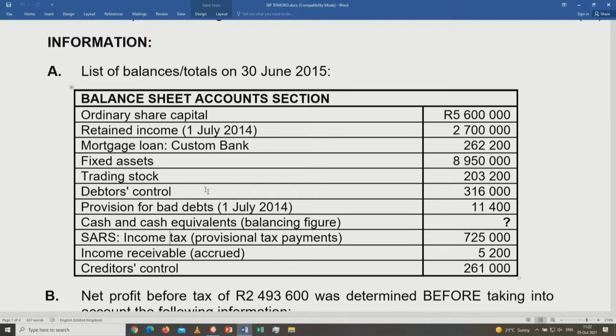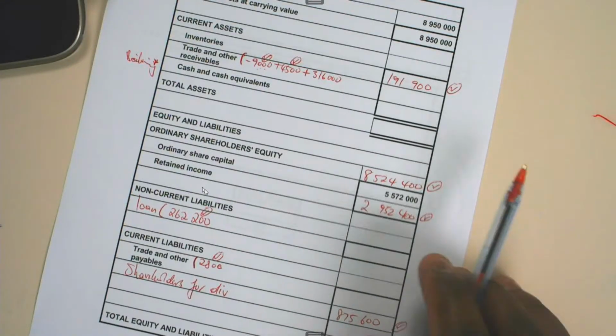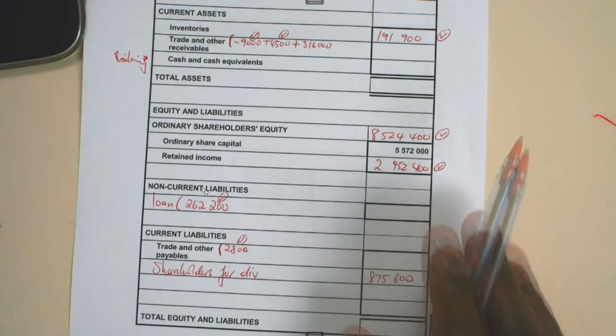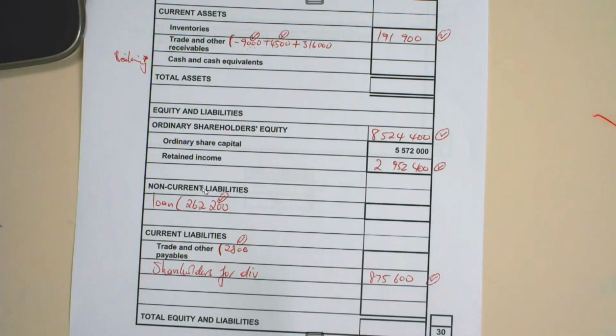So they still have to pay the difference, which is 750,000 minus 725,000, which gives you 25,000. This 25,000 is the tax that the company still has to pay to SARS.